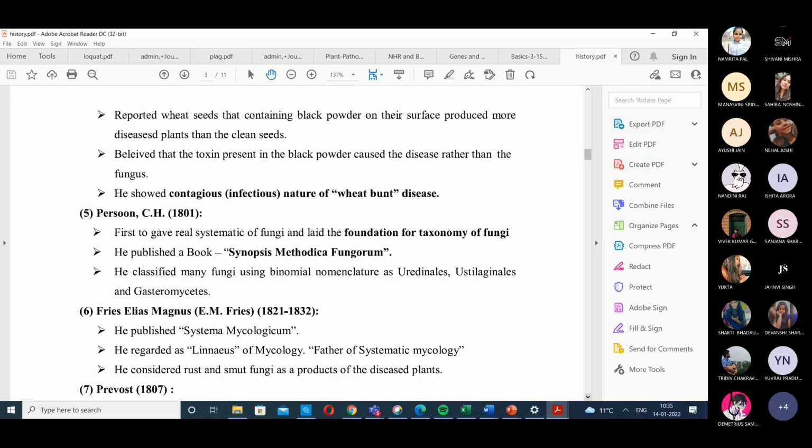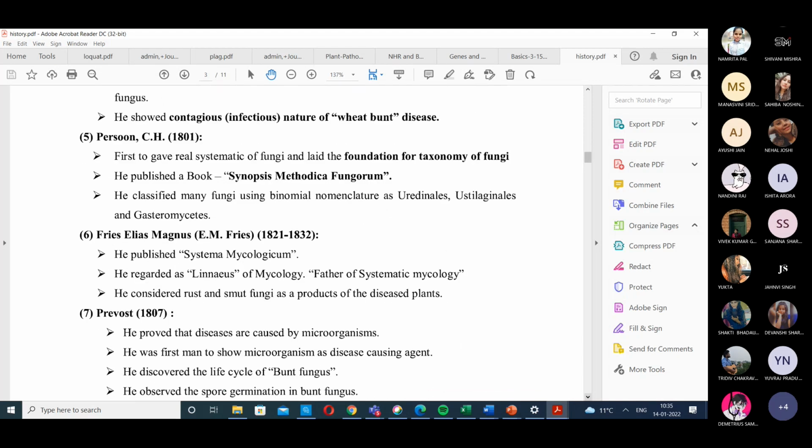Then we have C.H. Persoon in 1801. He was the first person to give a real systematic of fungi and laid down the foundation of taxonomy of fungi. Again, he published a book, Synopsis Methodica Fungorum, right? He classified many fungi using binomial nomenclature. Then Fries, Elias Magnus.